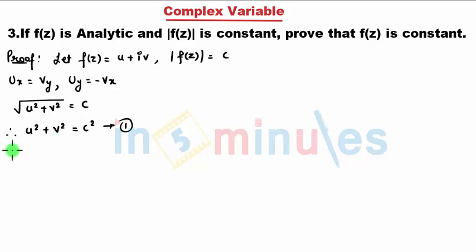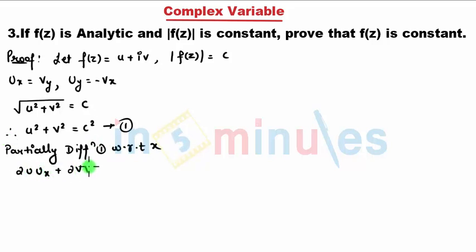Let's differentiate this. First we'll partially differentiate equation 1 with respect to x. So this comes 2u ux plus 2v vx, that is equal to 0, which gives me u ux plus v vx is equal to 0.